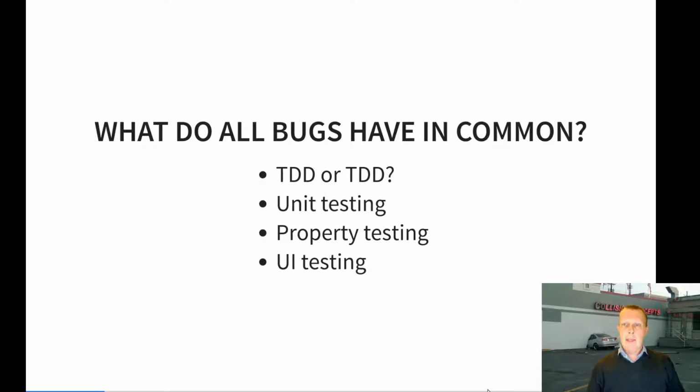So in general you can say that unit testing is for code which is impure, where you are doing I/O, communicating with the world, and property testing is for your pure functions.